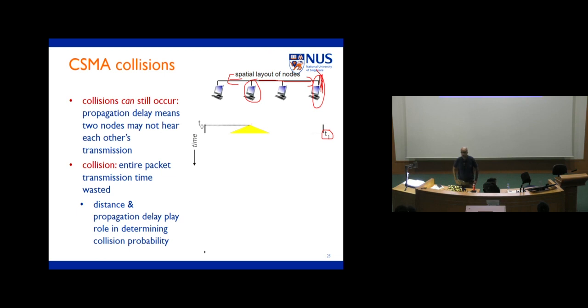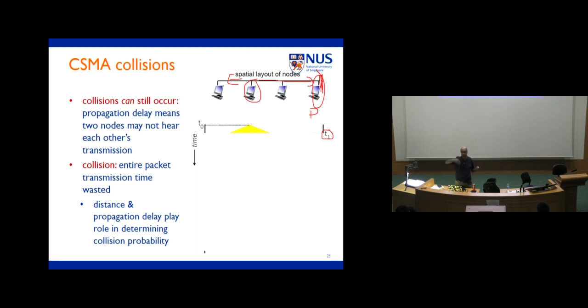So it says, oh, let me do carrier sensing. So D, let me call it D, this guy senses the channel at its end. That channel is still idle. Why? Because the signal hasn't propagated all the way to the end of the cable yet.